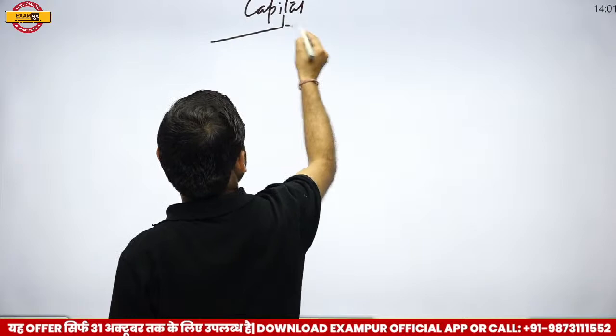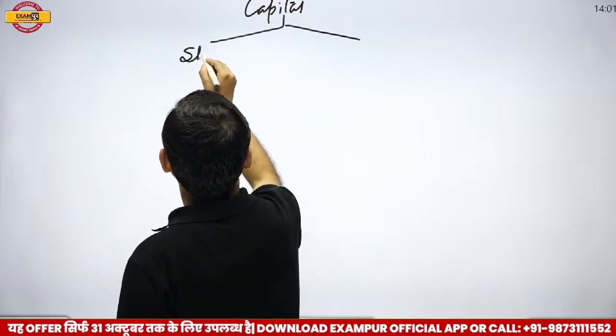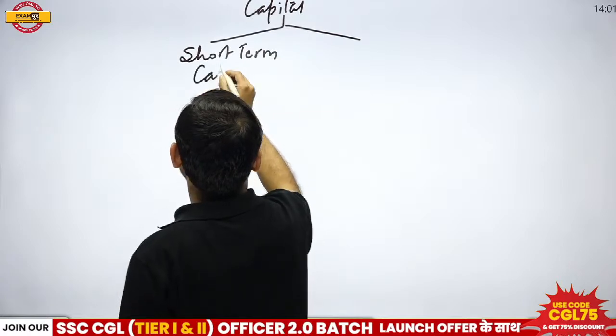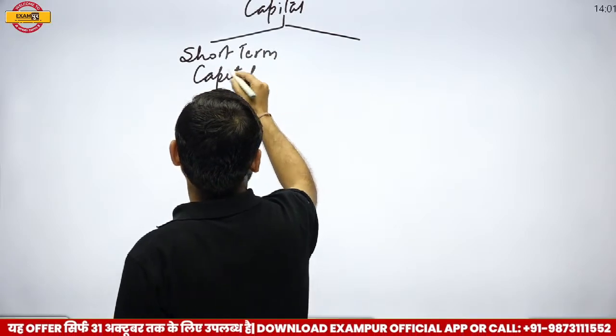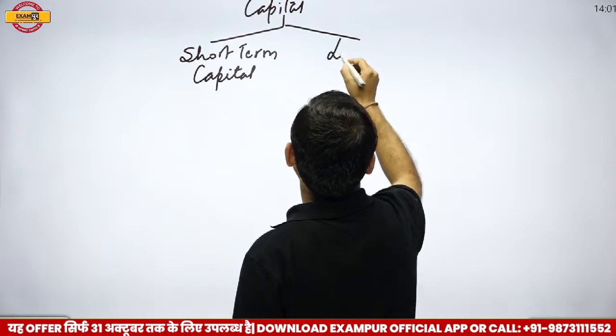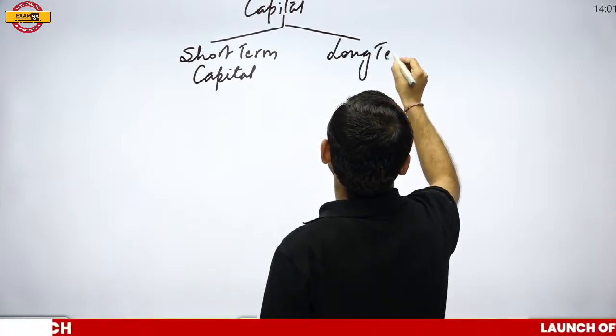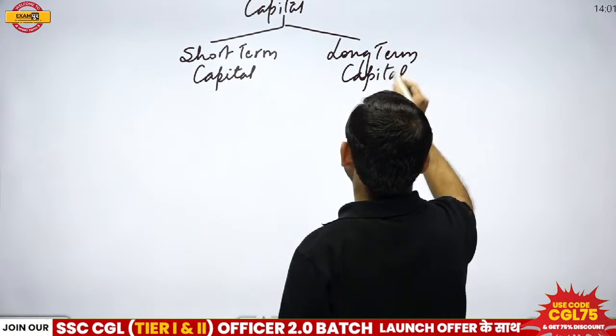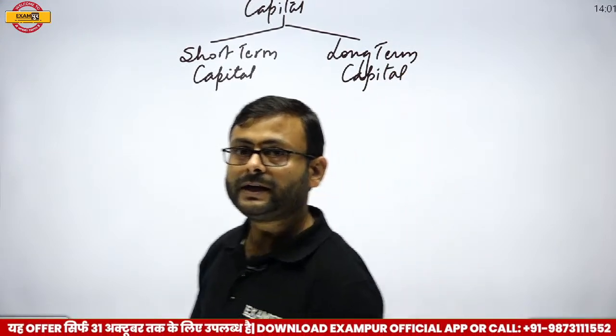First one is short term capital, and the next one is long term capital. So two types of capital are required for the proper functioning of an entity.